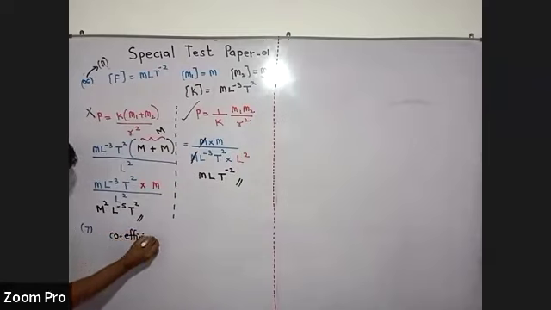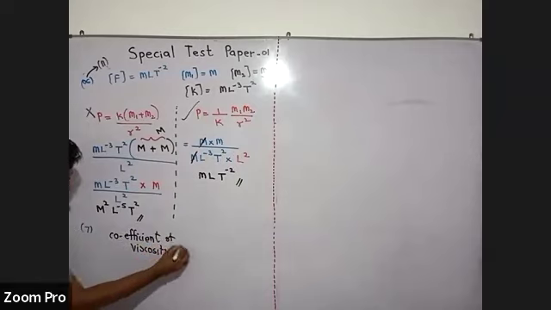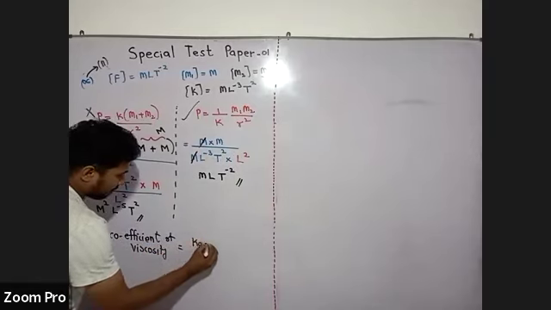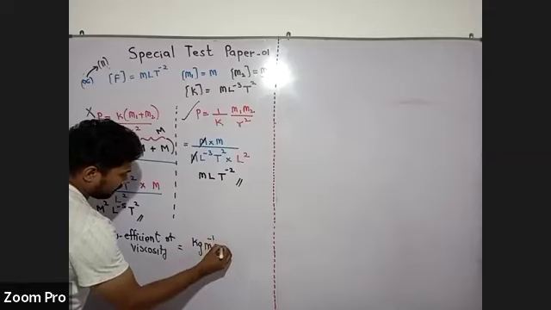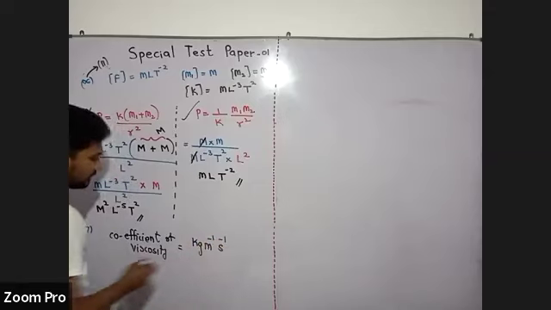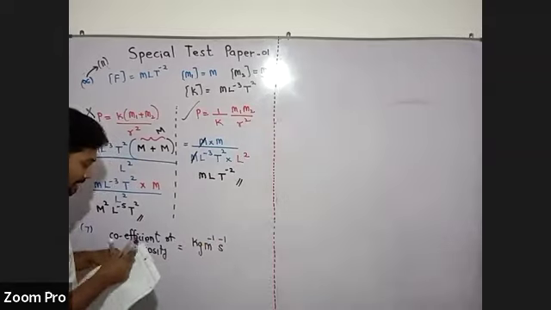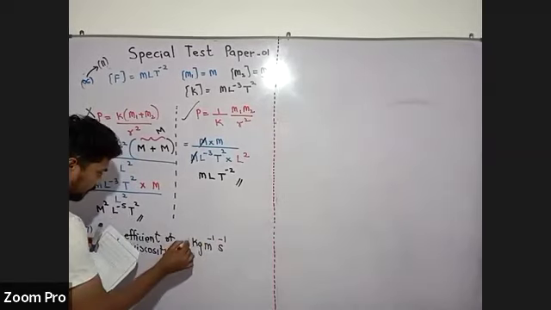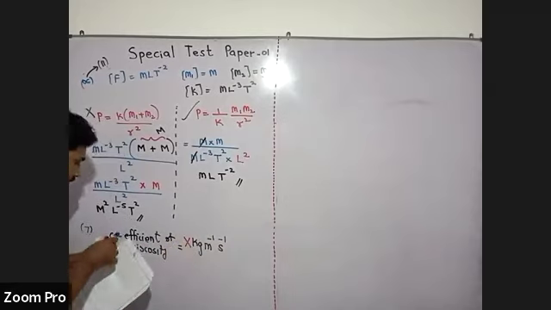Coefficient of viscosity. It is better to keep these units in mind, right? That is kg m minus 1 s minus 1. So this is the SI units of coefficient of viscosity. And it should be equal to x, right?